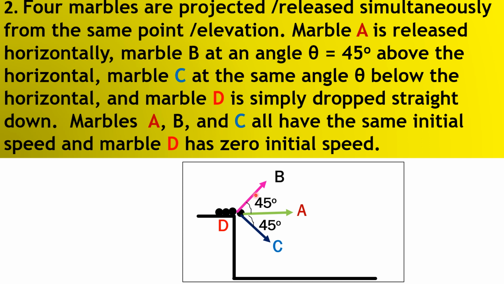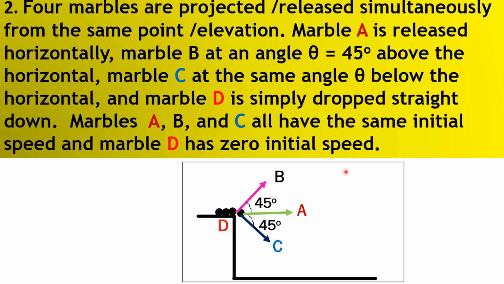So, how do we analyze this? The question is still in the next slide, but at this point, because we still have the drawing, when you say the same initial speed, all of them have the same initial speed.